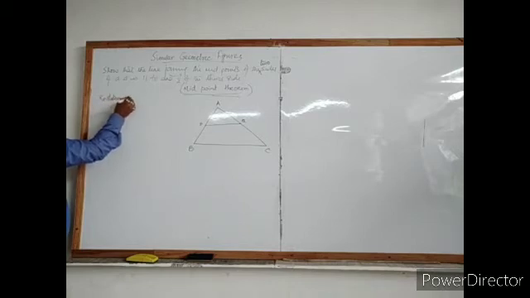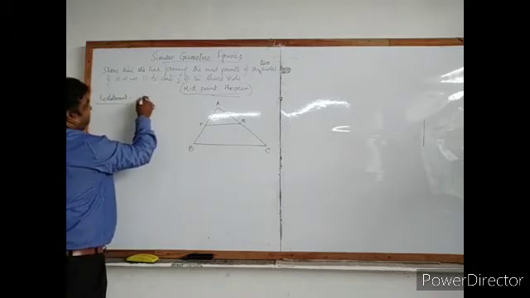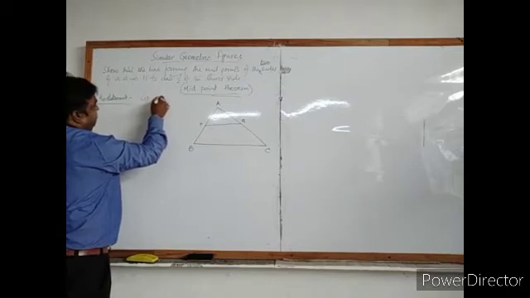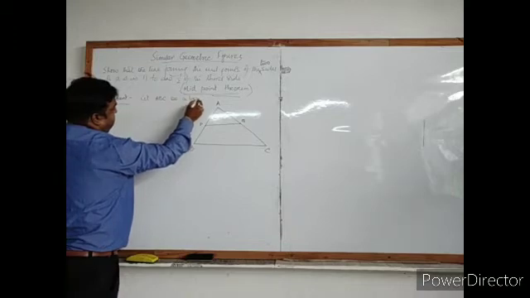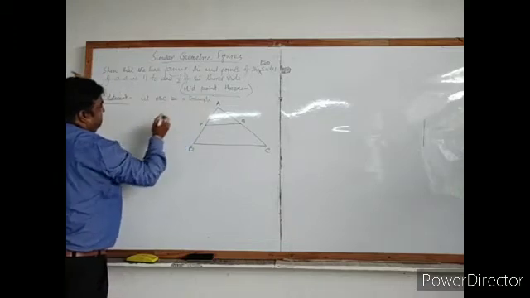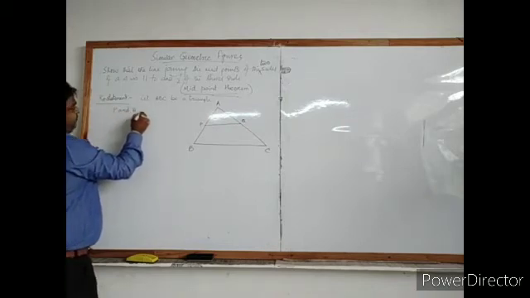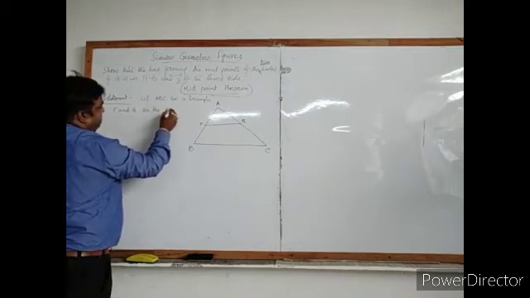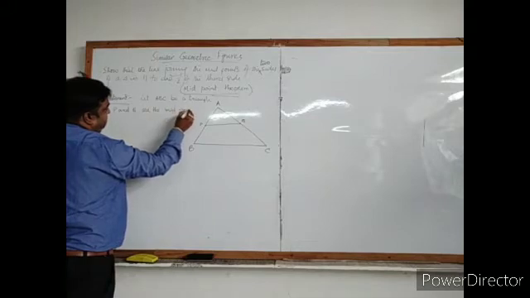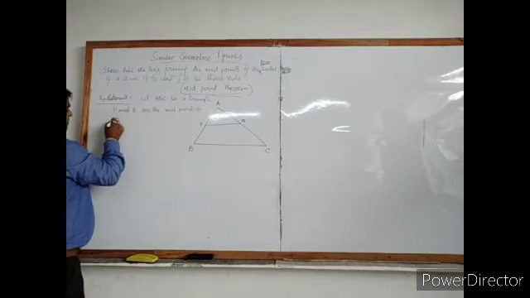What we have taken: let ABC be the triangle. P and Q are the midpoints of AB and AC.